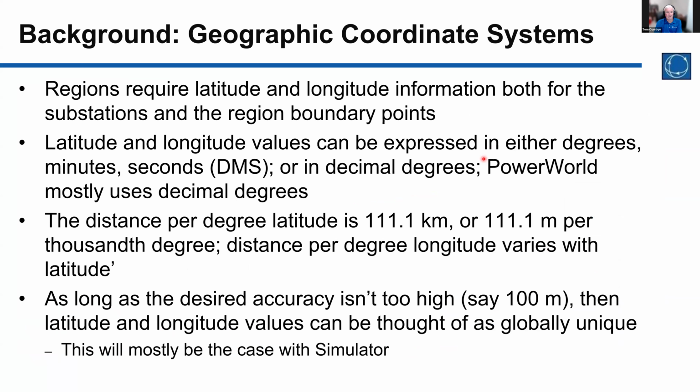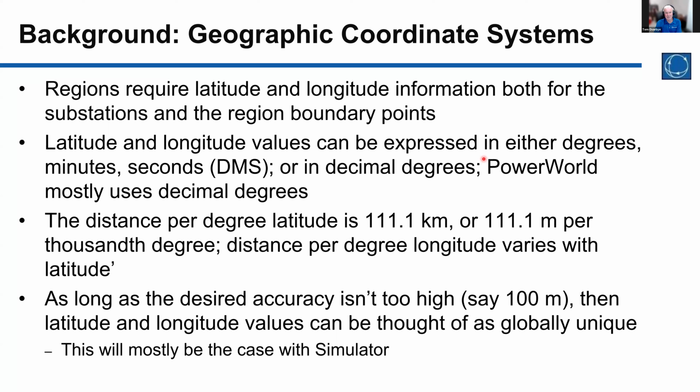Regions are defined geographically. So I did want to say a couple words on geographic coordinate systems. Latitude and longitude values can be expressed either in degrees, minutes, seconds, what we call DMS, or they can be expressed in decimal degrees. You can say the latitude is 40 degrees north, 0 minutes, 0 seconds. So you can say it's 40.0 degrees north.